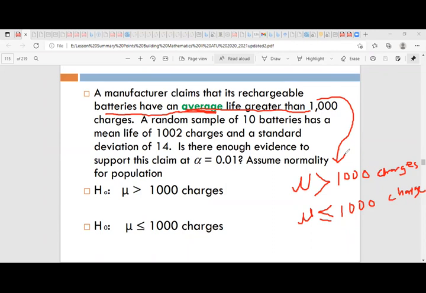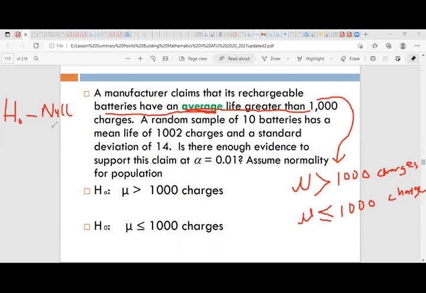The false statement is going to be mu less than or equal to 1,000 charges. Then the next thing is you have to identify your null hypothesis. We write H subscript naught, we call it the null hypothesis.